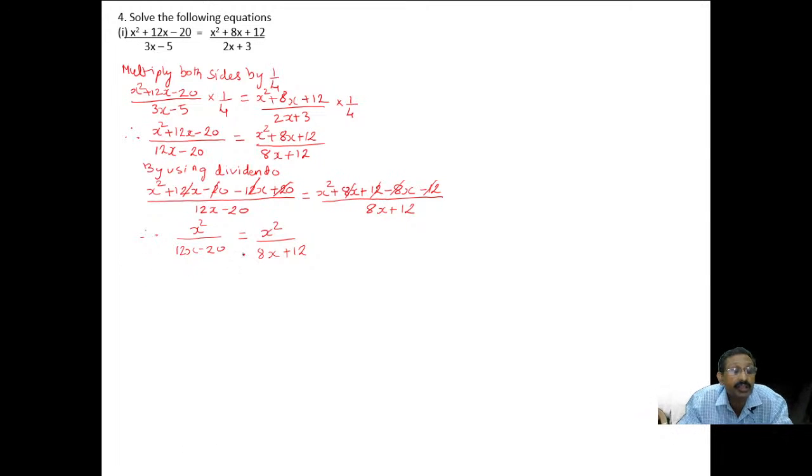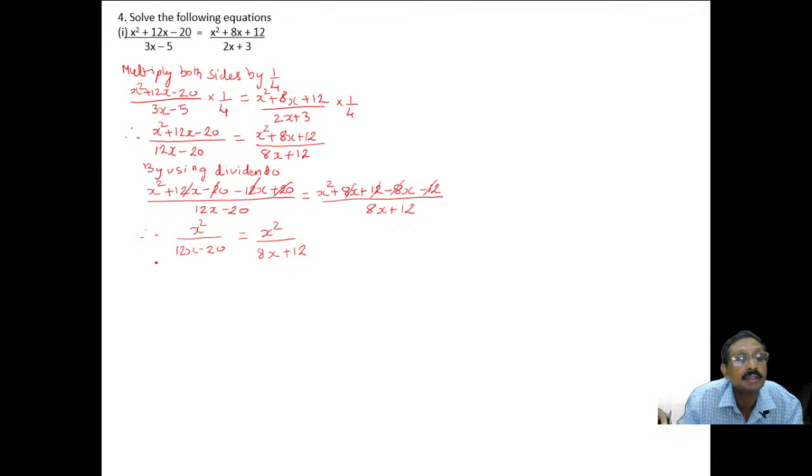Now, if you see, this equation is true for the value of x equal to 0. That means x equal to 0 is one of the solutions of this given equation. So this equation is true only if x is equal to 0.